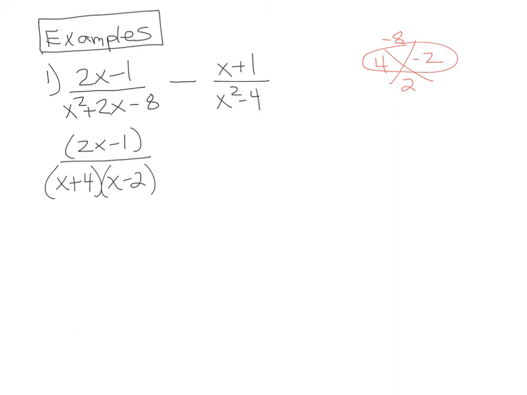Now, I would leave a little space here because you're going to have to do a little work finding common denominators. And then minus, this can't be factored. There's no GCF. It's not difference of perfect squares. It's not even a difference. So let's leave that x plus 1, and it might be helpful to put it in parentheses.